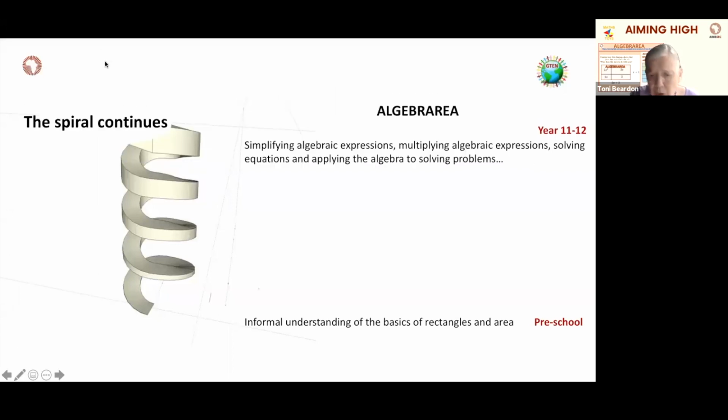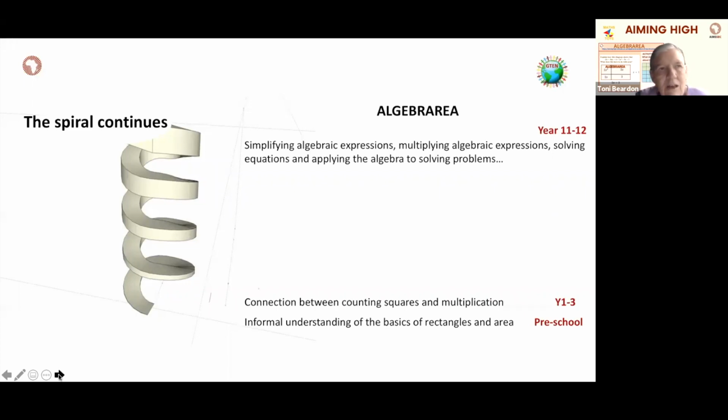So starting with the preschool, it's just an informal understanding of the shape of a rectangle and the area. And then we go on year by year. We're going to talk about what we might be doing with this time once they've started school.